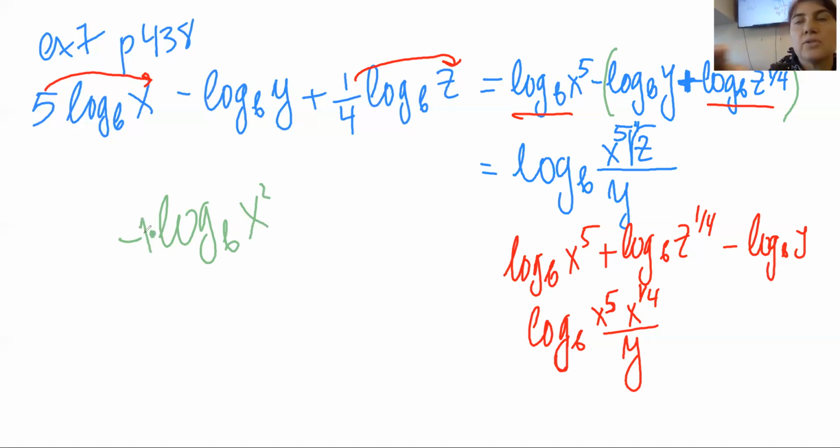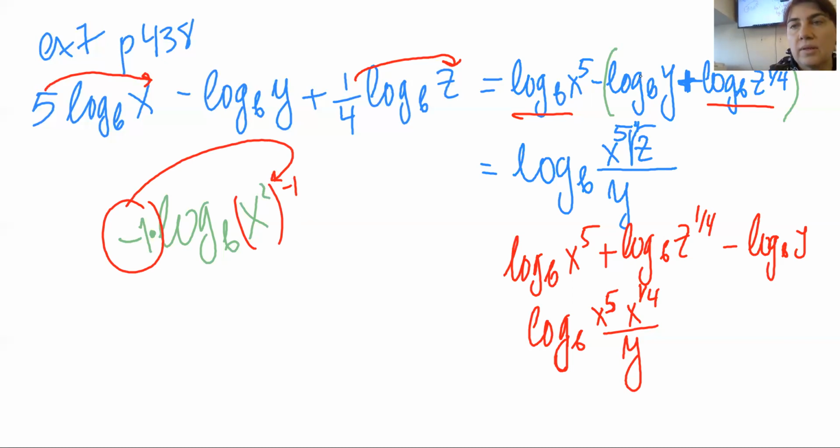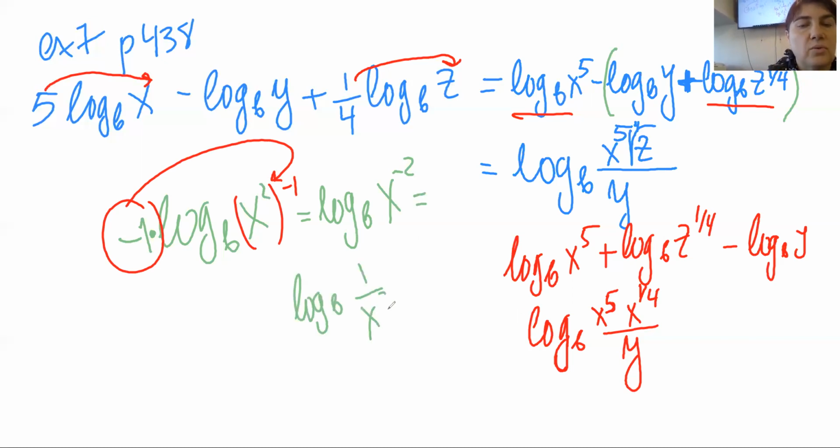You can take this -1 and put it back in as an exponent. So the whole thing would be logarithm b of x to the -2, which is 1/x squared, logarithm b of 1/x squared. So when you multiply this by another one, it will be on the bottom anyways.